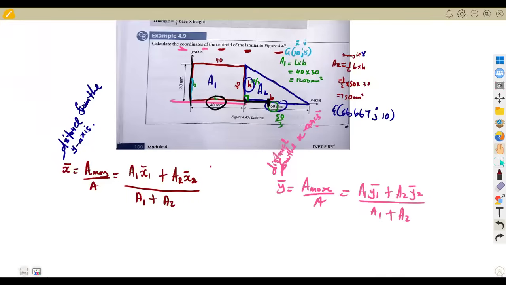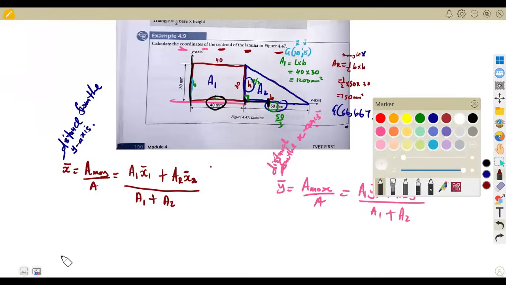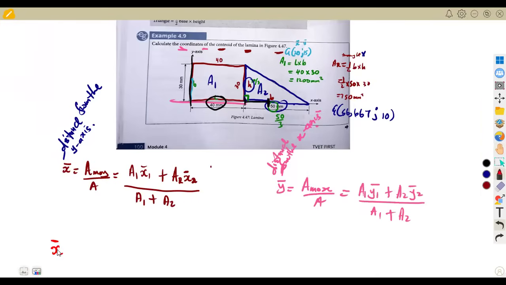So let us start with the x. In order for us to have that center value of the x, which is the distance from the y-axis, it is going to be given as A1 times x1, which is the area 1. We have our area 1 here, so it's going to be 1,200 times x1. x1 is the value of x at that point, which we said is 20. Plus area 2, which is 750, multiplied by the x2 value, which we said is 56,667.